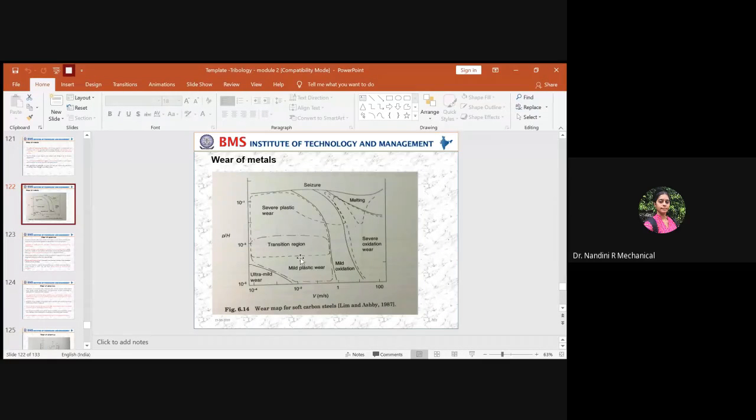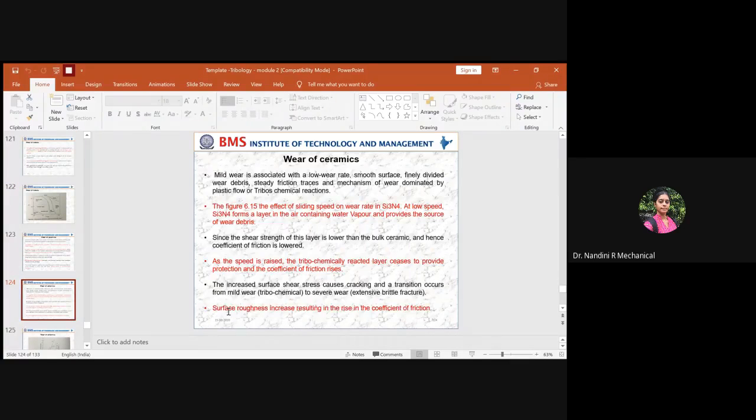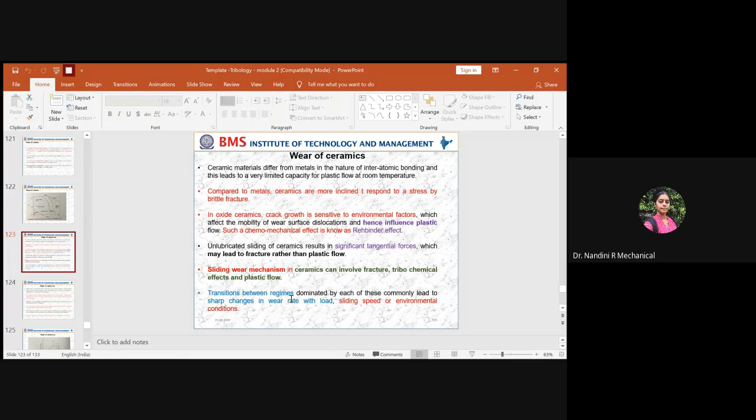As we studied in the wear map, the change of transition region, similarly in case of ceramics also, there will be a change in the regions. This change of transition is mainly dominated by the sliding speed you are applying or the amount of load you are subjecting, and the sliding speed is also affected by the environmental condition. So based on the environmental condition with respect to the sliding speed, the wear rate will vary with respect to the pressure applied.